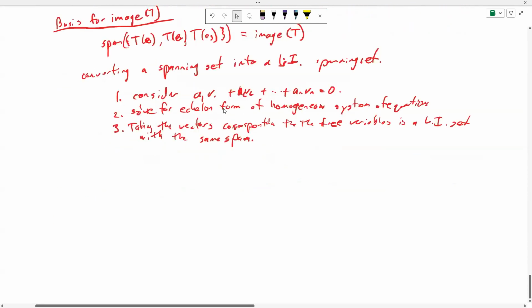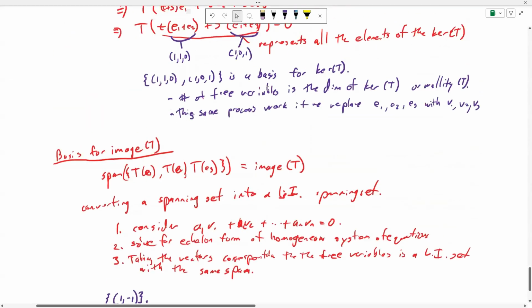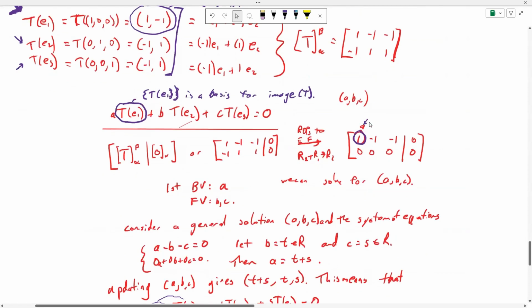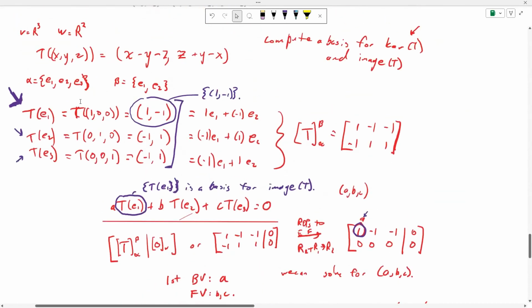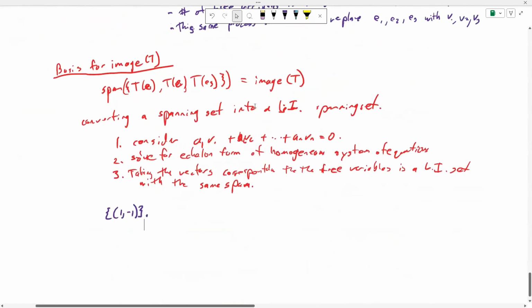I don't need to do any more work than what I've already done, because I just go back to my system of equations. I take the vectors that correspond to my free variables, look at what their computed output is, and use those to create my basis.